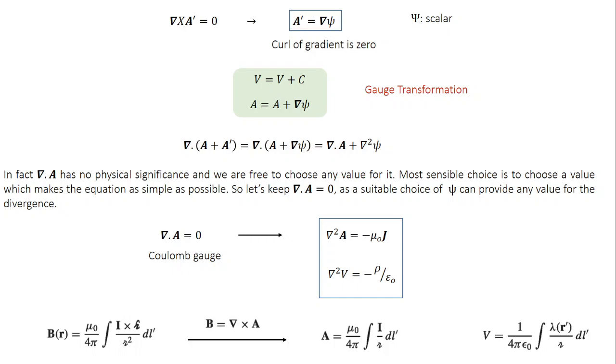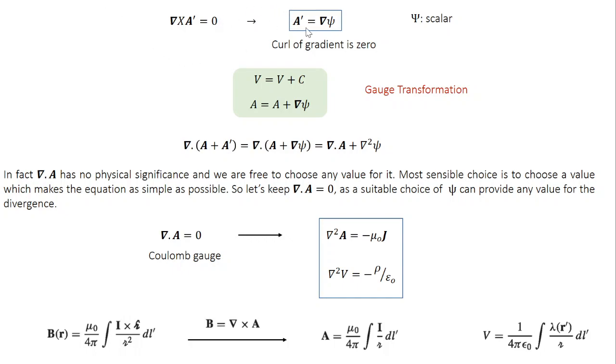So you know that a Galilean transformation allows you to switch from one inertial frame to another inertial frame without changing the equation of motion. In the same manner, gauge transformation allows you to switch from one potential system to another potential system without changing the characteristics of the fields involved.